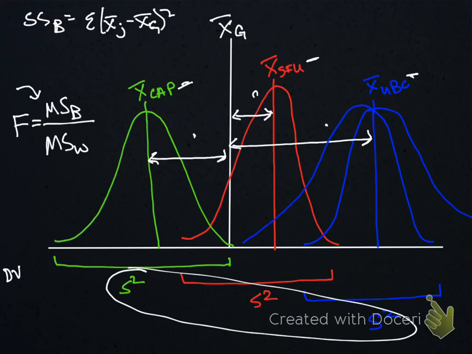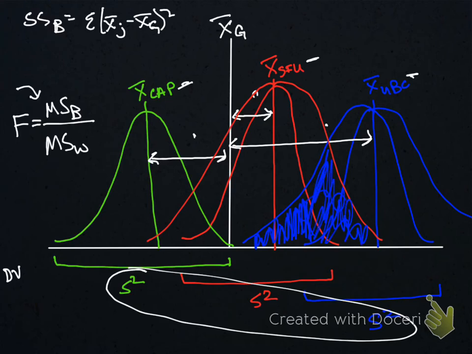Well, if the variability for UBC got larger, there would be more overlap of the UBC distribution with the SFU distribution here. Let's suppose that SFU's also had a variance that increased. If SFU's variance also increased, then there would be more overlap between these two distributions.